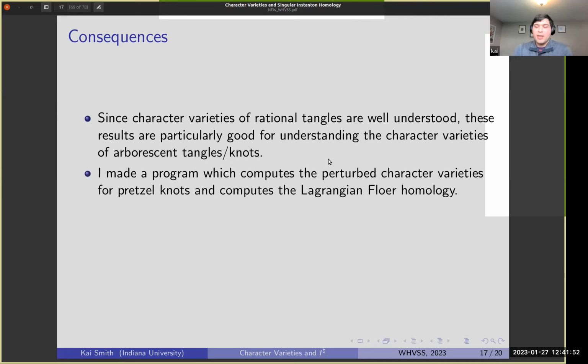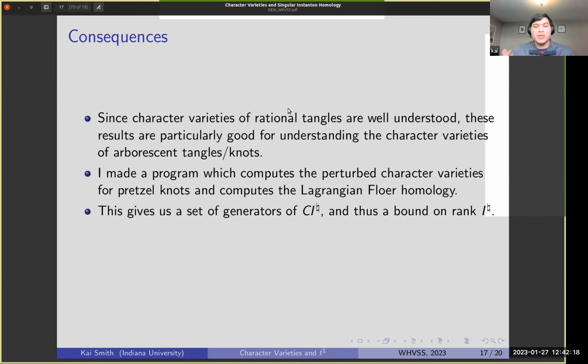Easily enough that I wrote a program in Sage, which can start with, right now, a pretzel knot and compute these character varieties. With a little more work, it'll work for any arborescent knot, and then take the Lagrangian Floer homology of the Lagrangians.